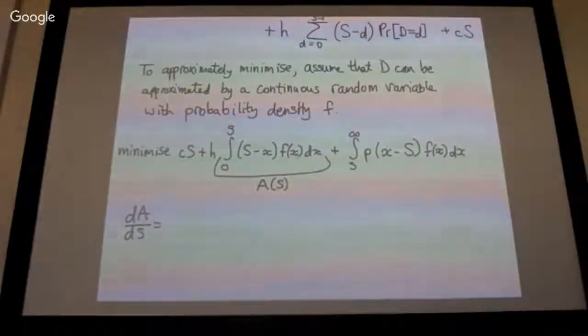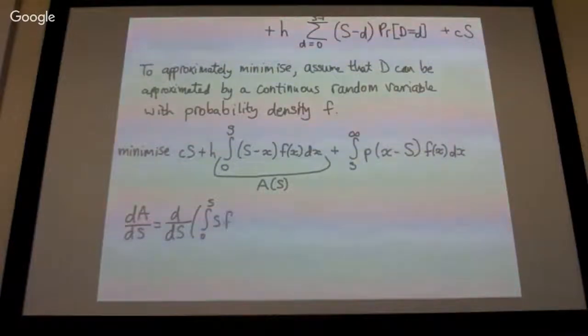So first I want to do d by dS of the integral from 0 to S of S times f(x) dx. And the second part is, not plus, but minus, the integral from 0 to S of x f(x) dx.